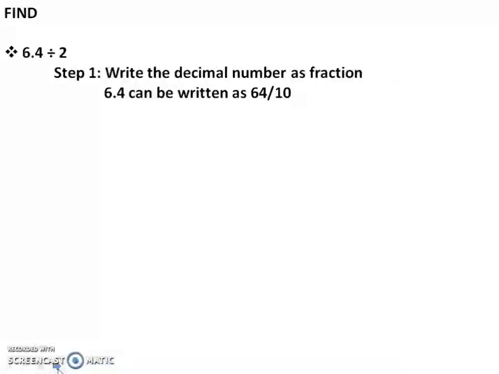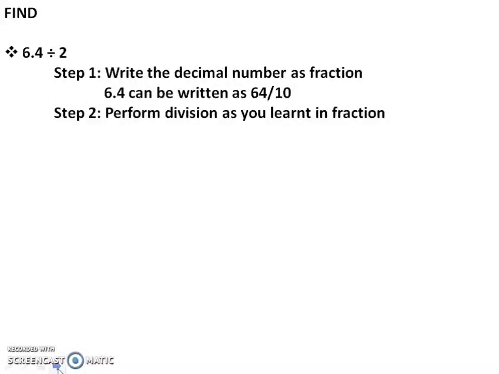What is the next step? Perform division as you learnt in fractions. So you should know the division rule in fractions. What is the division rule in fractions? You will multiply the fraction with the reciprocal of the divisor. That is 64 by 10 divided by 2.